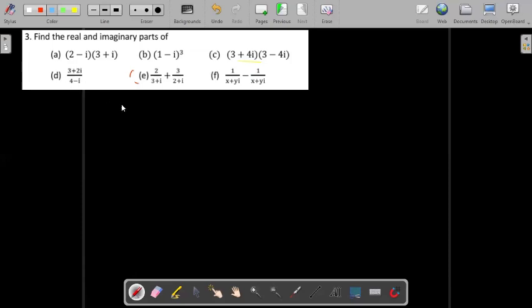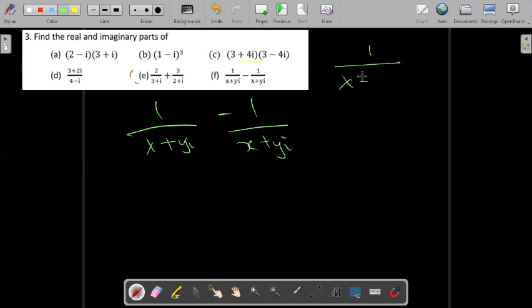Okay, the last one tells me to say I have 1 over x plus iy, then I have 1 over x minus iy like that, and they're telling me to find this. So I have x plus iy.